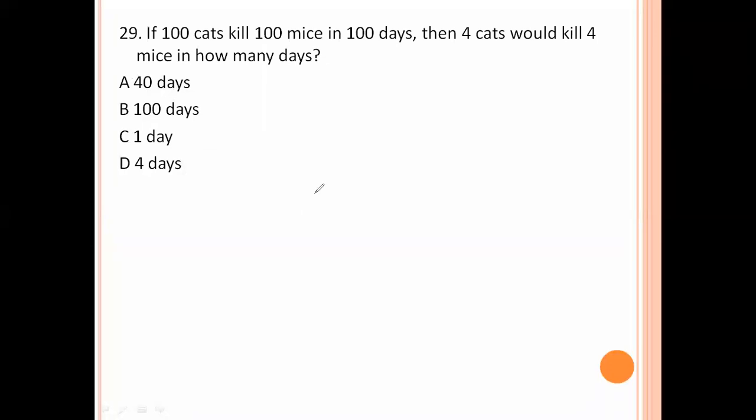If 100 cats kill 100 mice in 100 days, then 4 cats would kill 4 mice in how many days? Here mice means work.